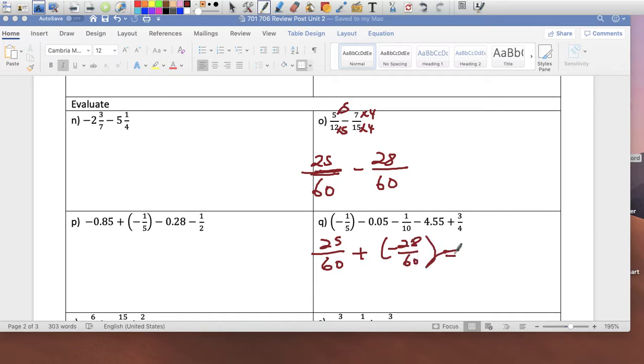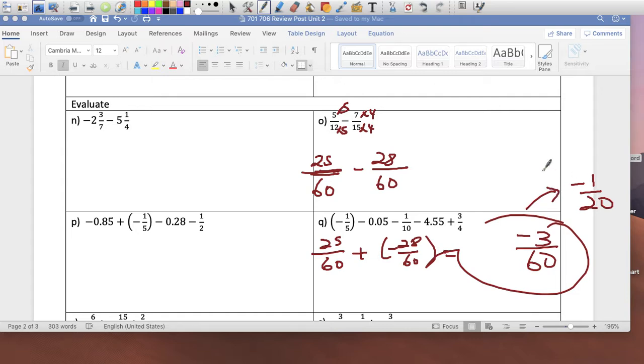That's going to give us negative, over 60. Who wins? That's negative, so it's negative 3 over 60, which you can simplify to negative 1 over 20. Okay? Simplified.